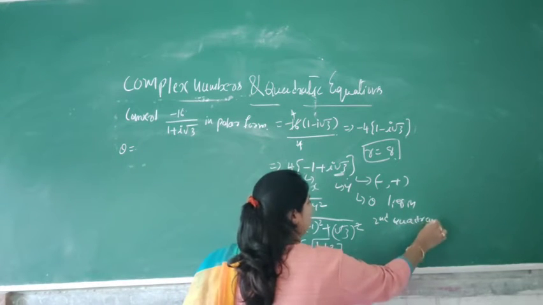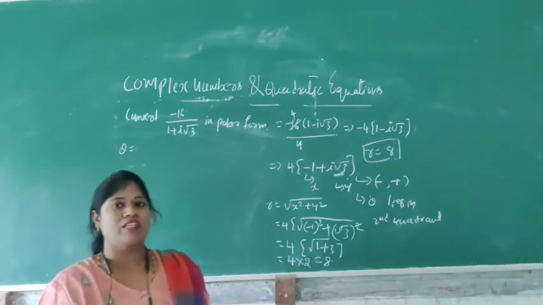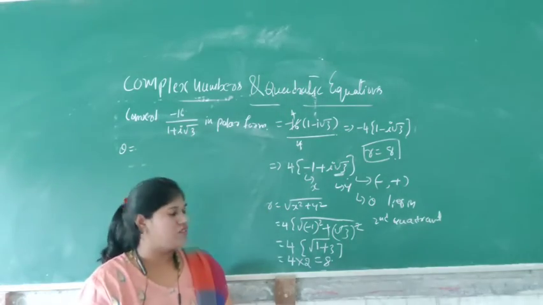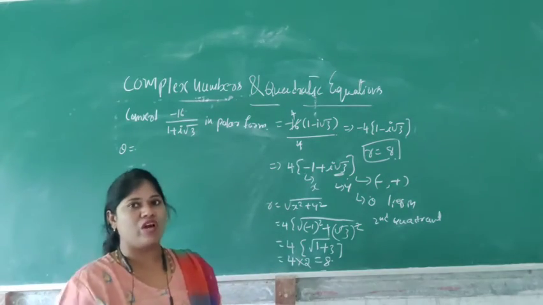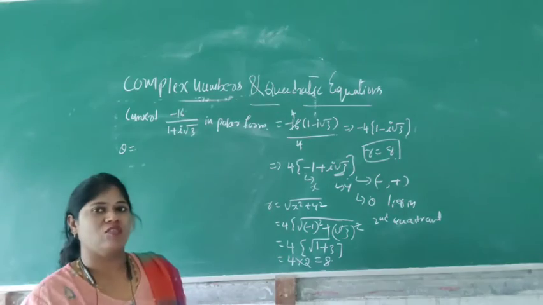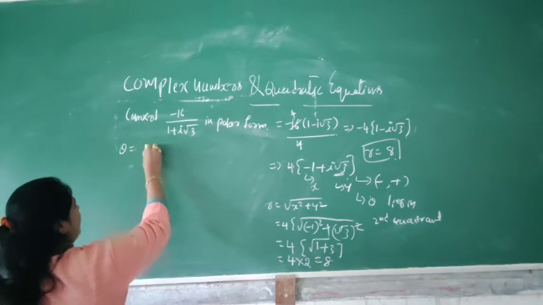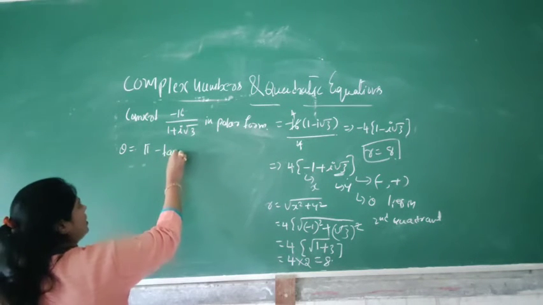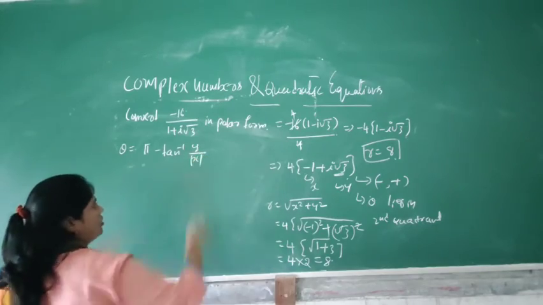We have to write this first. As soon as we get the complex number form, you write which quadrant theta lies in. So you come to know which formula you are going to apply. If theta lies in the second quadrant, theta is equal to pi minus tan inverse of y divided by modulus of x.